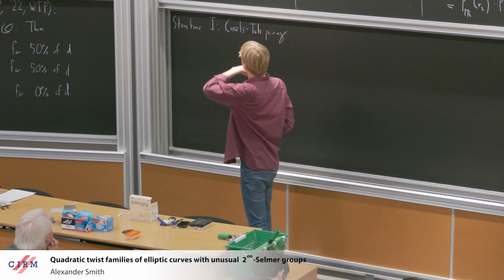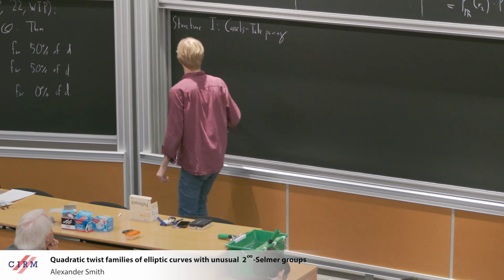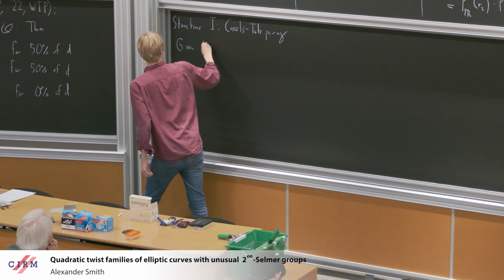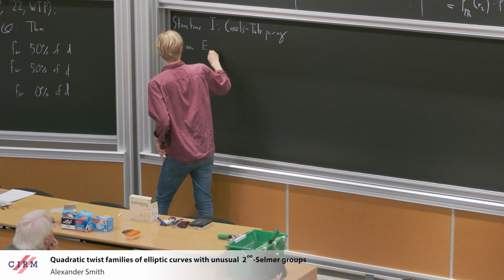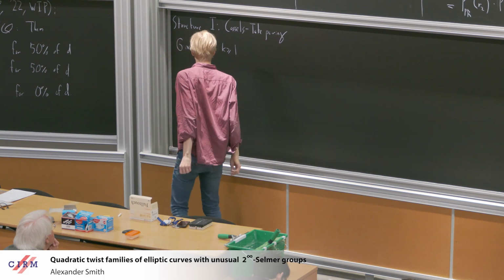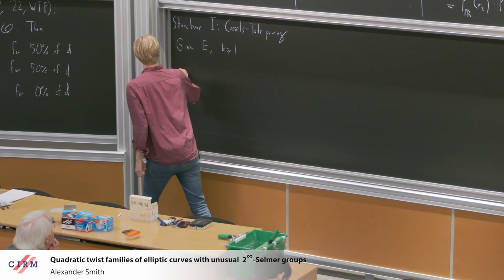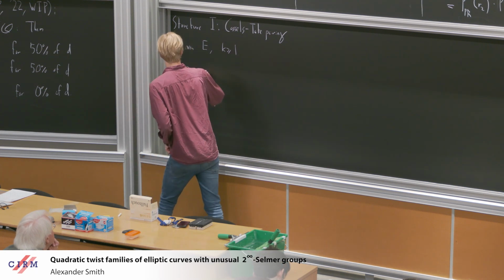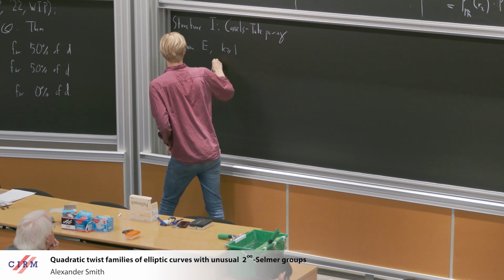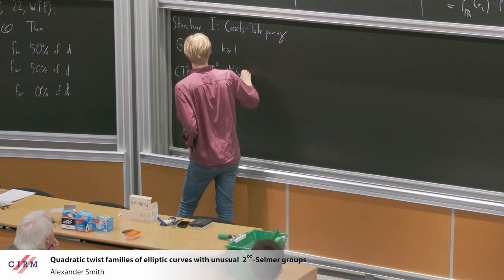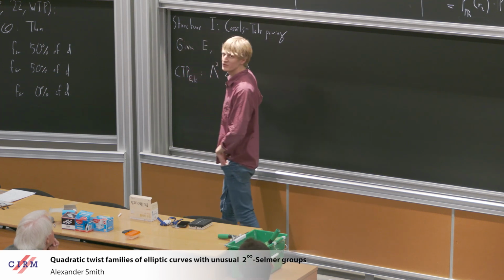Okay. And so how the Cassels-Tate pairing works is, if we're given an elliptic curve E, and an integer k greater than or equal to 1, the Cassels-Tate pairing associated to E at level k is going to be an alternating pairing on the 2^k Selmer group multiplied by 2^(k-1).